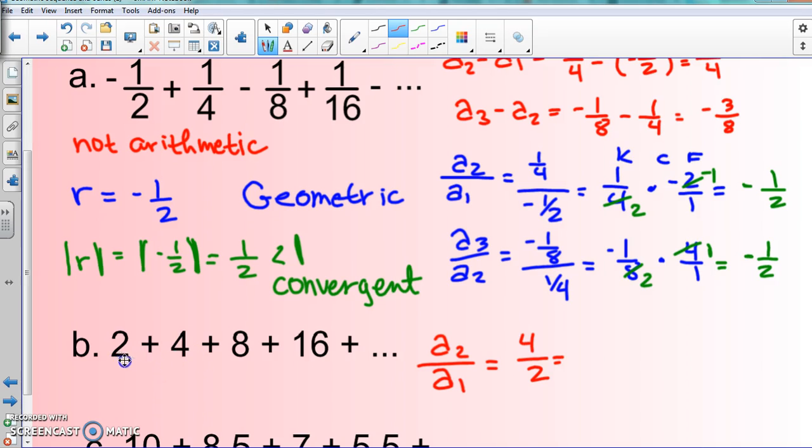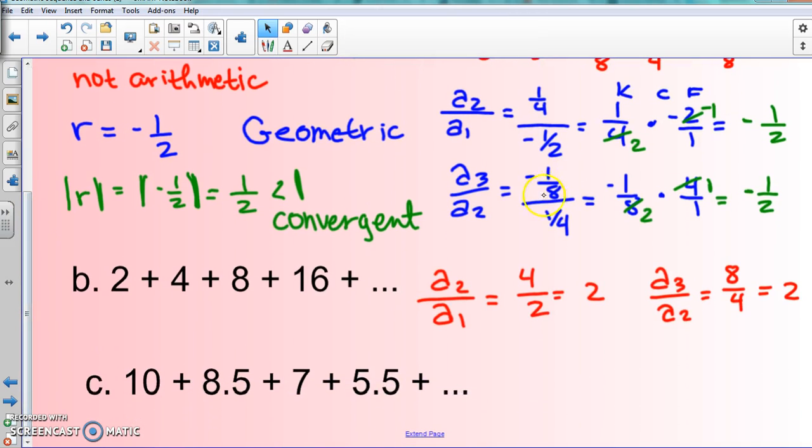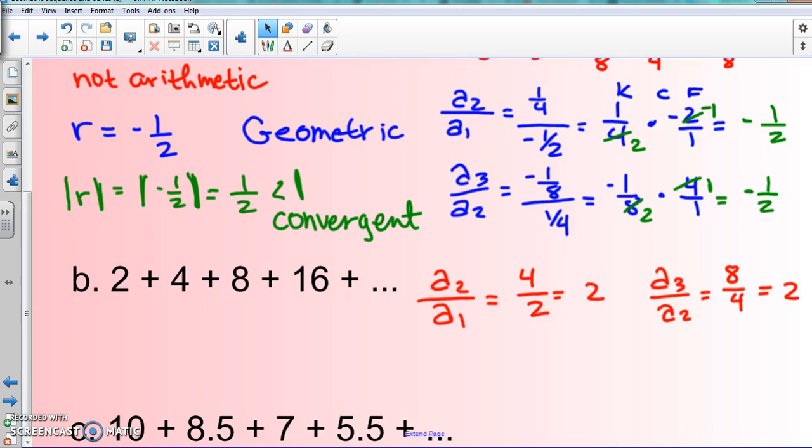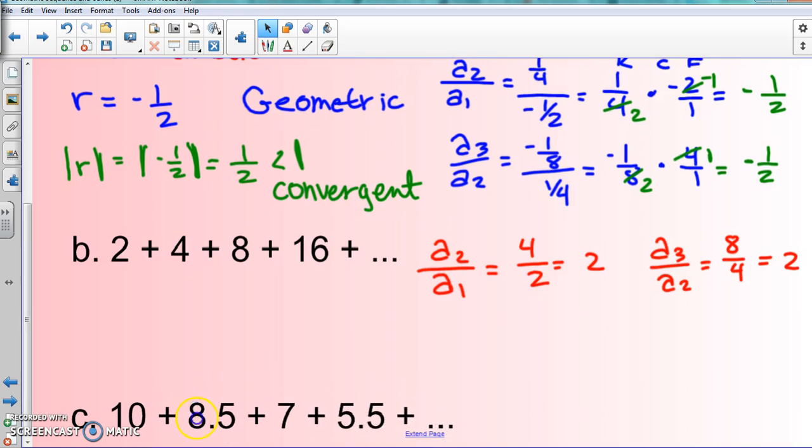So 4 divided by 2 is 2. And then we try the next one, A3 divided by A2. That's 8 over 4, and that is also 2. Yay! Now if you can see what it is, then you don't have to show work for it. You just tell me what the common ratio is and go from there. But if you can't see it, you need to make sure you know how to find the common ratio, because come final exam time, you can't just look at somebody else's paper, because they don't have the same test as you.